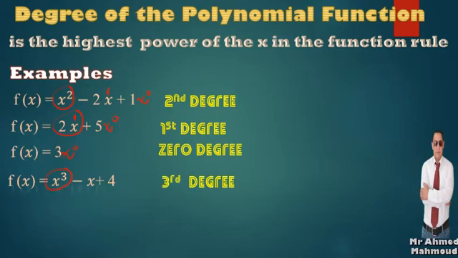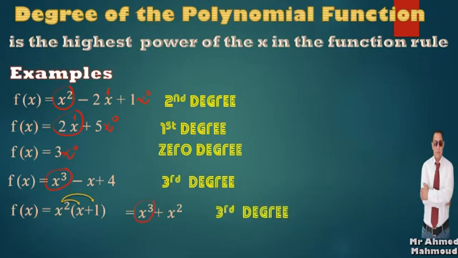Another example. Here x power of 3, this is the highest power, it's third degree. The next one, if we have x power of 2 times x plus 1, if I need to expand this bracket, then I'm going to distribute x power of 2 like this. X power of 2 times x equals x power 3, and x power of 2 times 1 equals x power of 2. Finally, the highest power here is x power of 3, then this one is of third degree.